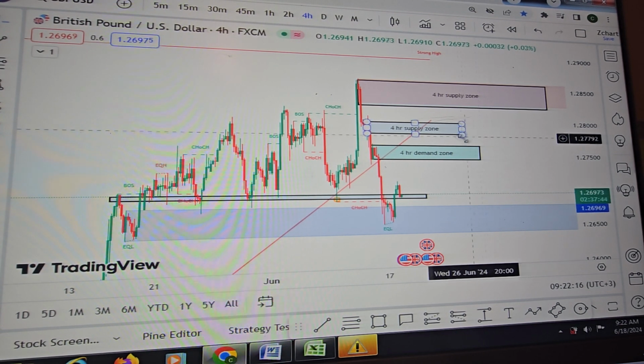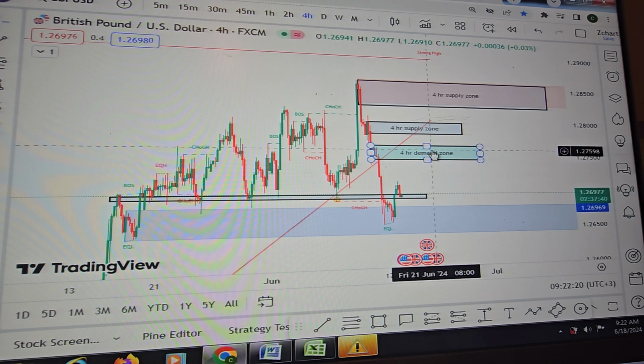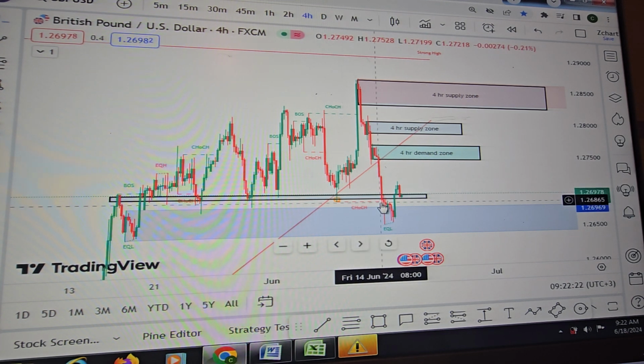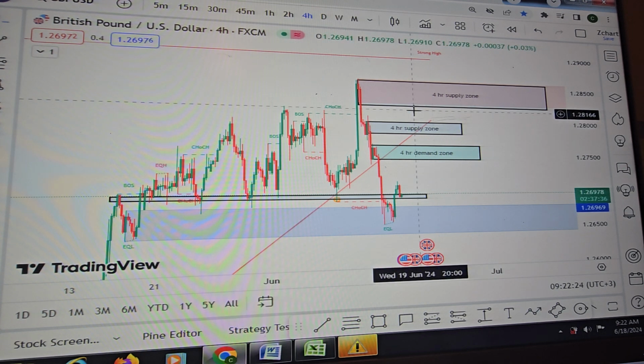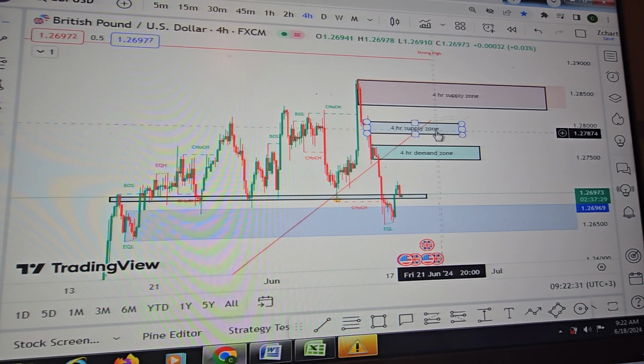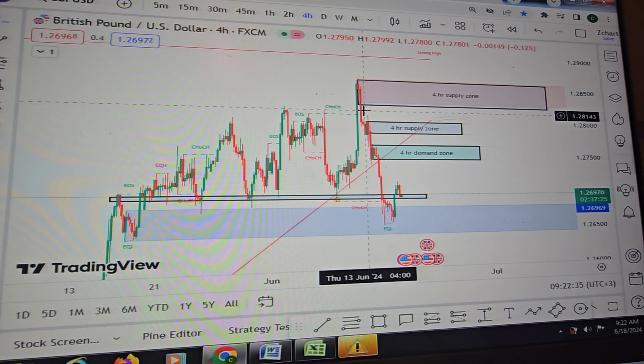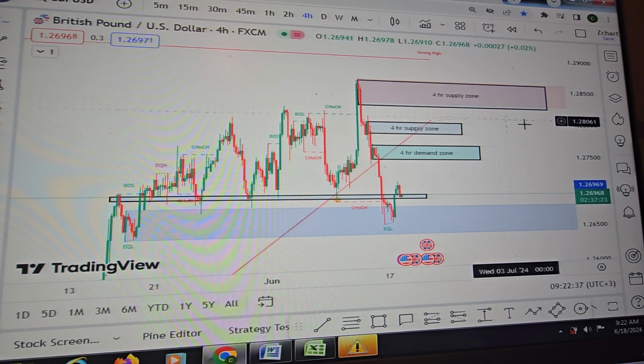Now, here we expect price to come back. You see, it formed a choke. We formed a choke, so you expect it to come back to the last price that enabled it to form the choke. So it can either come here or up here. And here can be a very good place because you also see that we have an imbalance.